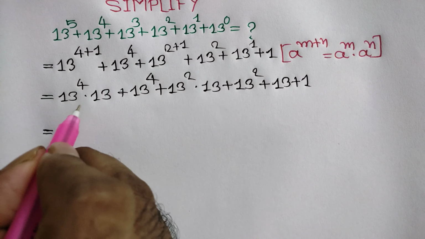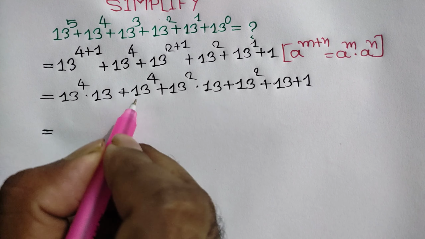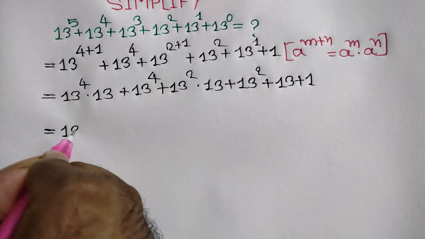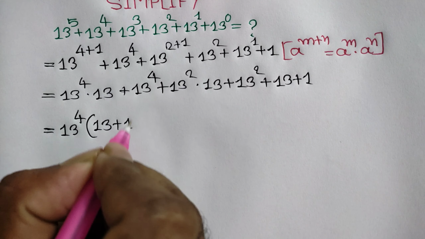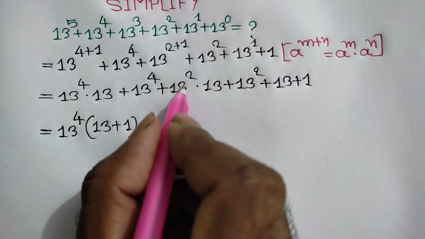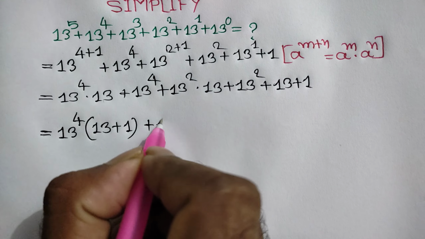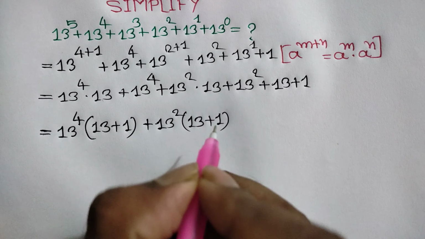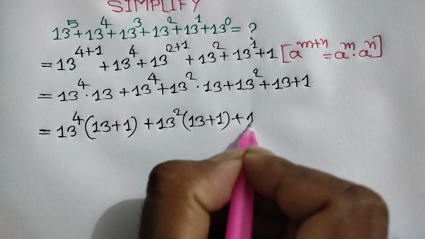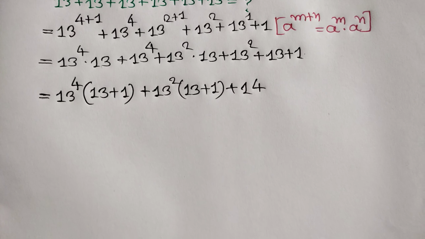Now taking common 13 to the power 4 from the first two terms, we will get 13 plus 1, and taking common 13 square from these two terms, we will get 13 plus 1, plus 13 plus 1 is 14.